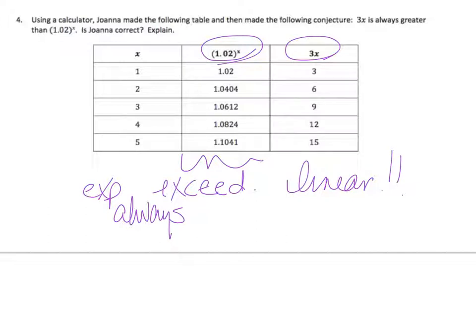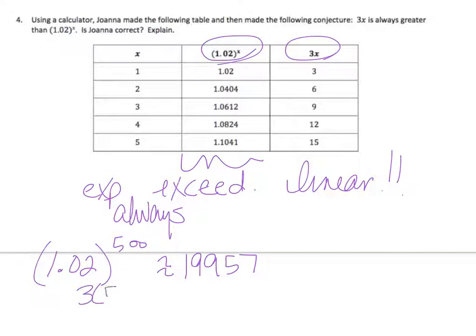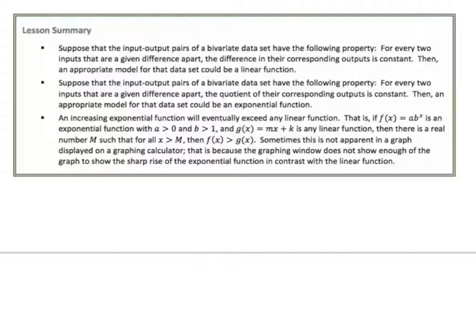Always. And actually, I just figured it out. I just graphed it. But 1.02 to the 500 is about 19957, but 3 times 500 is 1,500. So it does exceed eventually, always. All right, there we go.